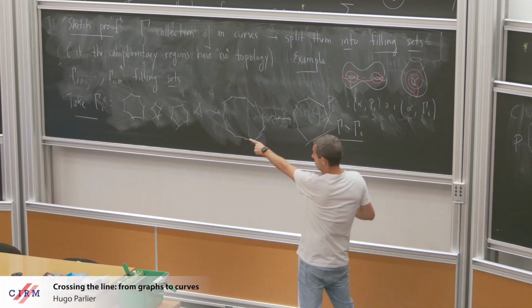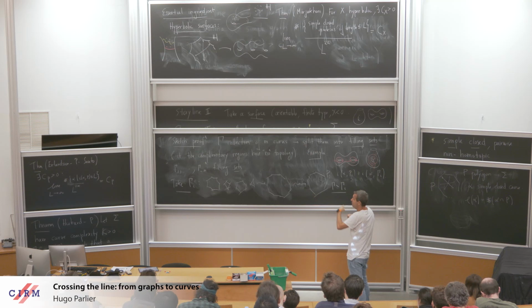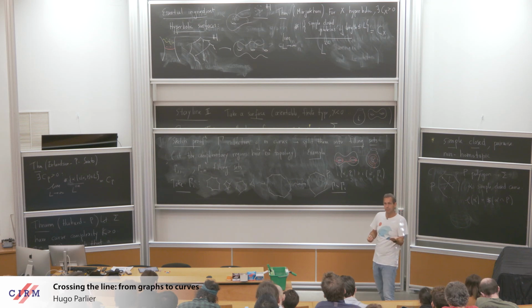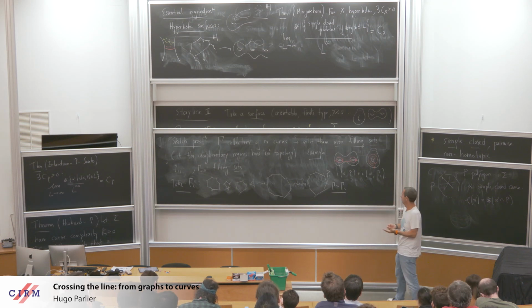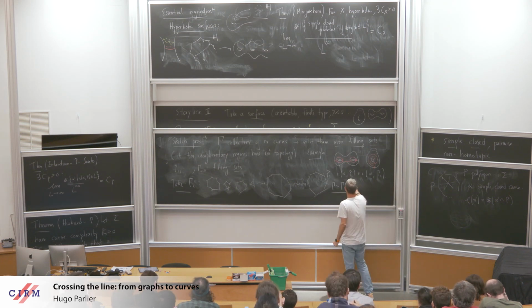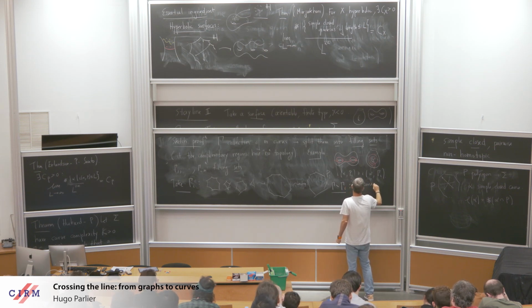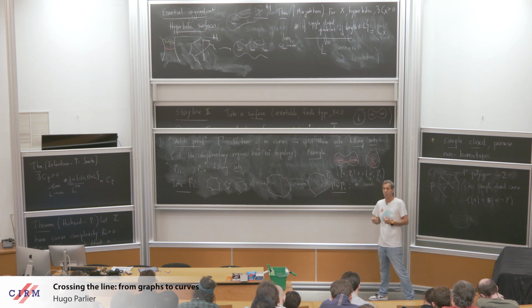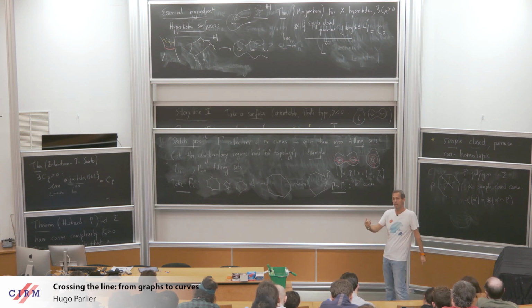And this counting result tells me that if I want to construct m curves, I'm going to need to intersect this polygon a lot. So I still have m curves. They're going to have to intersect this polygon a lot.